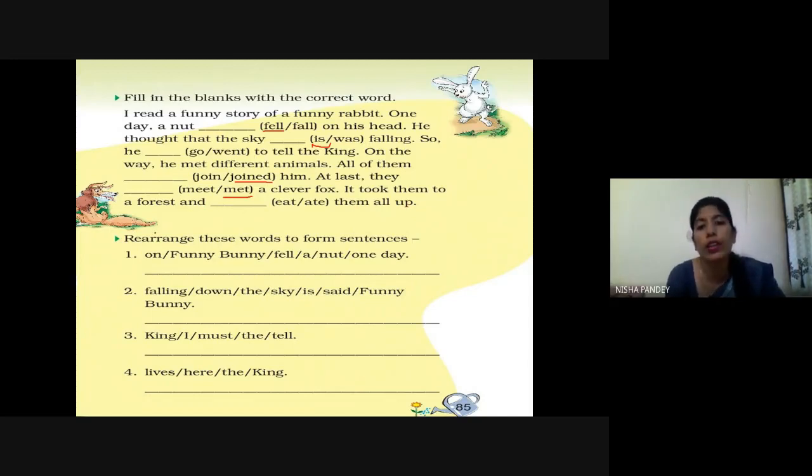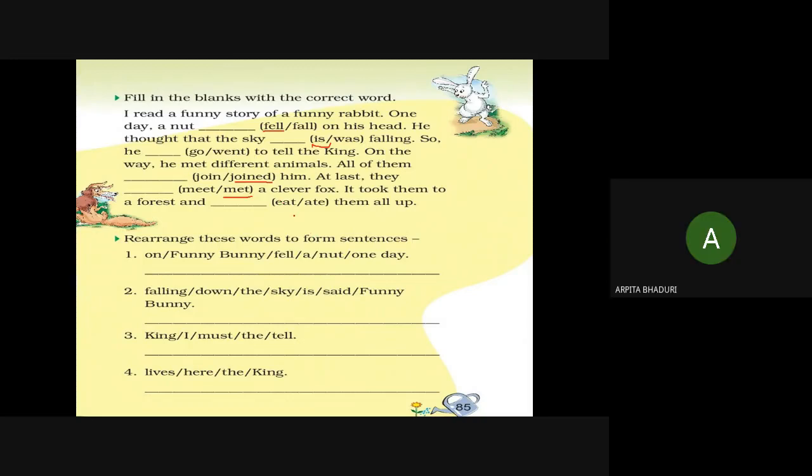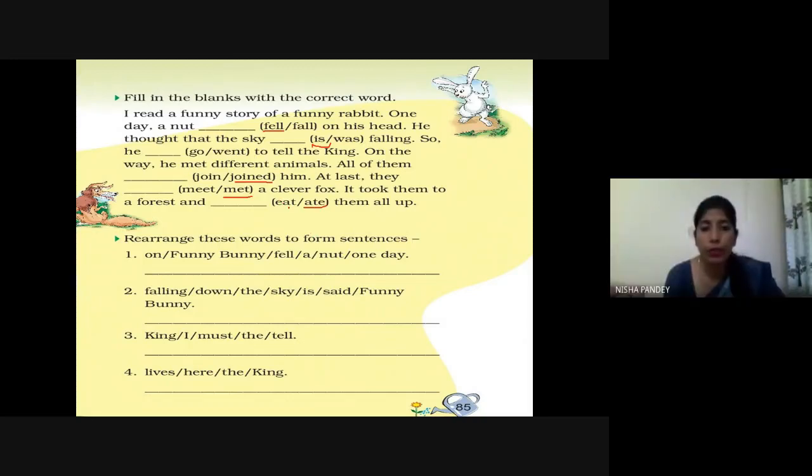So what did he do? Ate them all up. Yes, so we know eat का जो past tense है वो क्या होता है? Ate. Suppose your mother is saying eat your food, and when you finish, what do you say? I ate up.